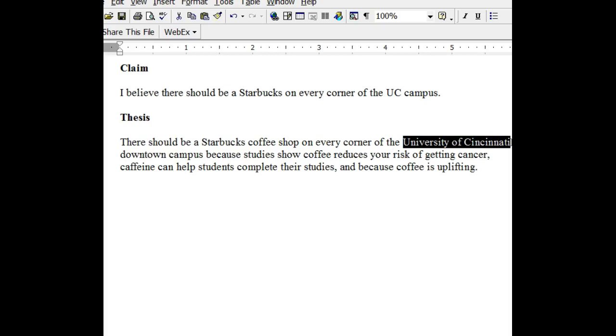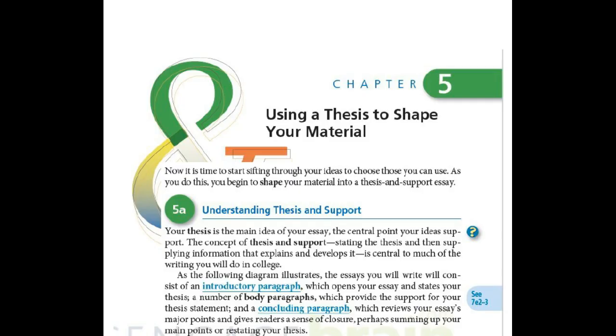Someone at Thomas More might wonder, well, which part of the University of Cincinnati campus are you talking about? We answer it by saying the downtown campus. For all we know, there is already a Starbucks coffee shop on every corner of the Blue Ash campus. And if there is, I am totally jealous.